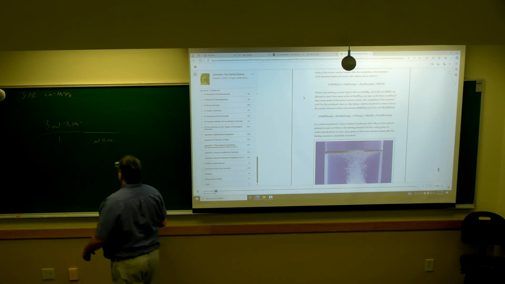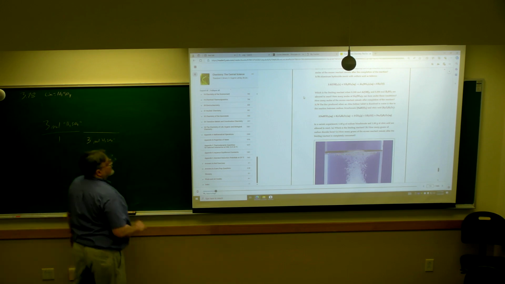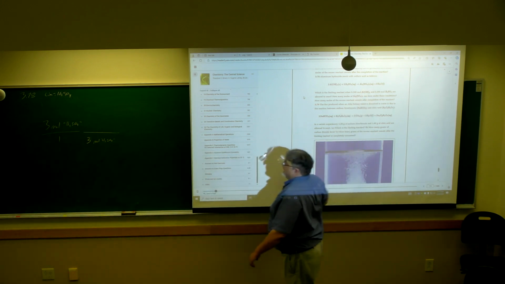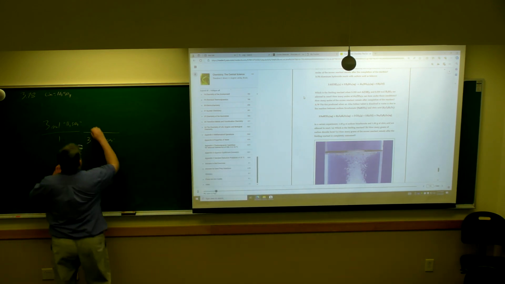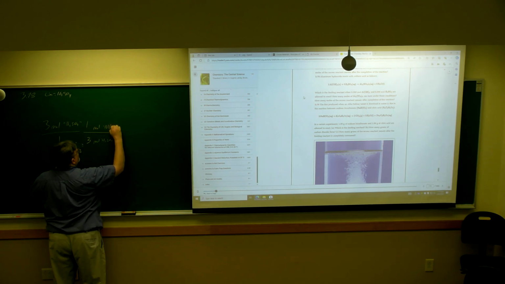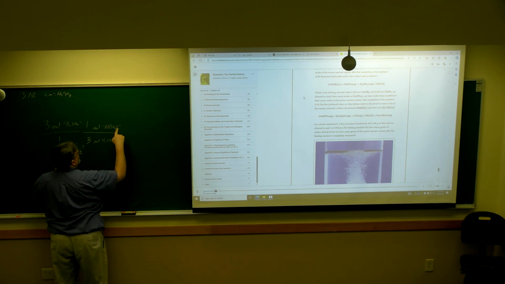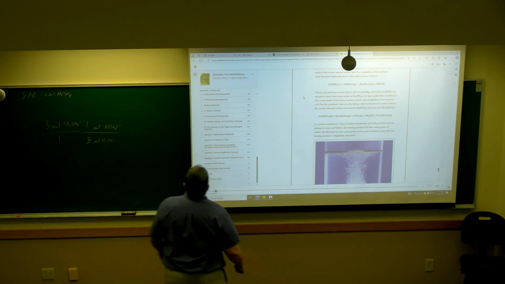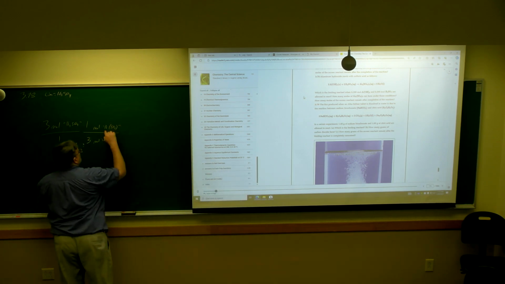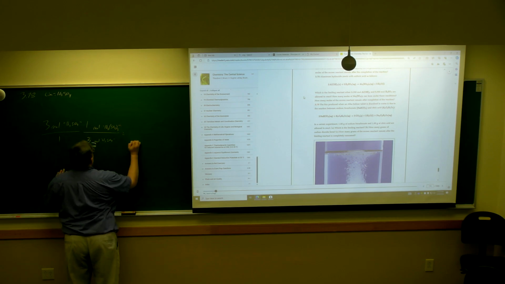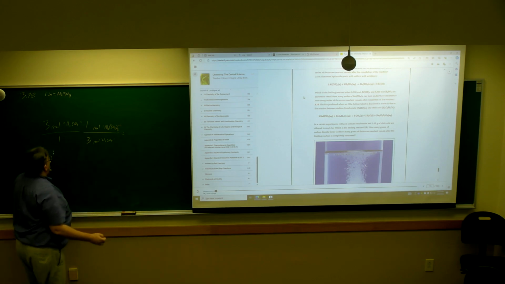There's 3 of those to 1 mole of aluminum sulfate, Al2(SO4)3. And this is just going to come out to 1.